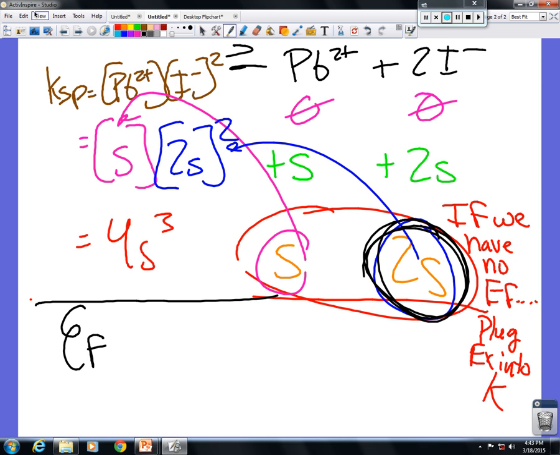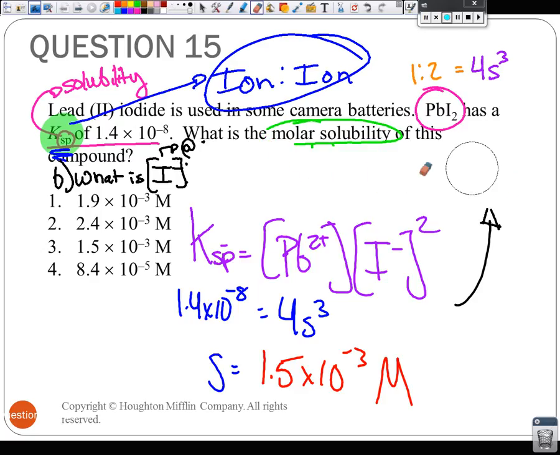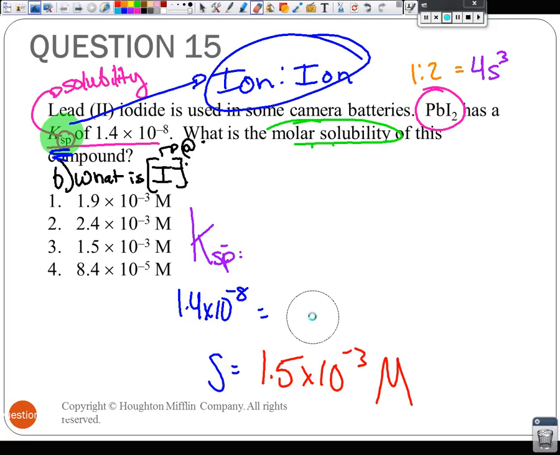I'm going to completely change the problem but use the same numbers. What if it's not PbI2 anymore? Alright, let's just pretend. I know the numbers will be way off.